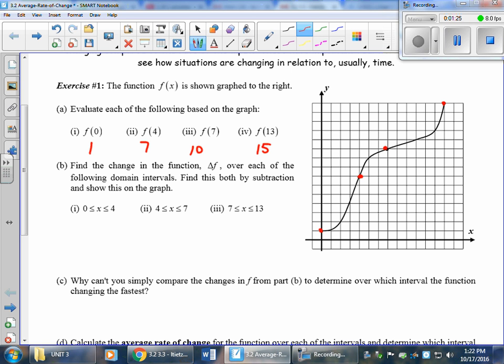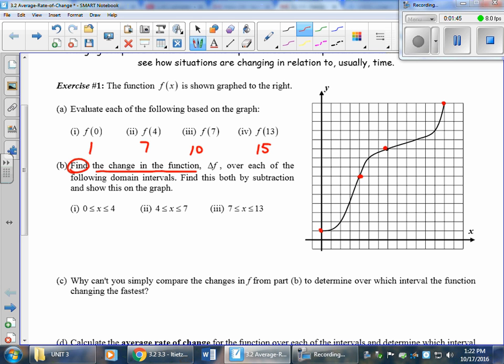B says find the change in the function, delta f, over each of the following domain intervals. Find this both by subtraction and show this on the graph. So delta f is basically the change in the y values.